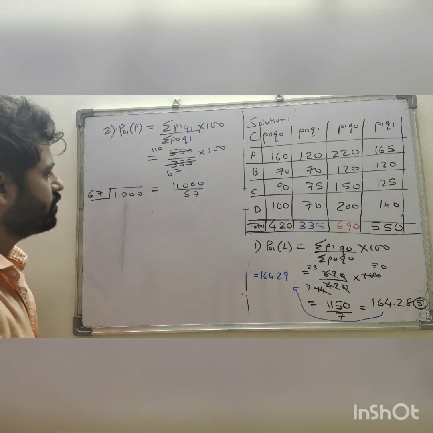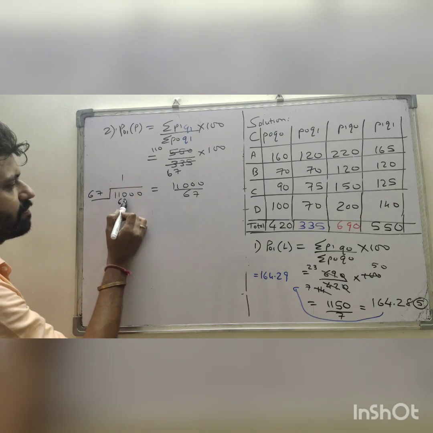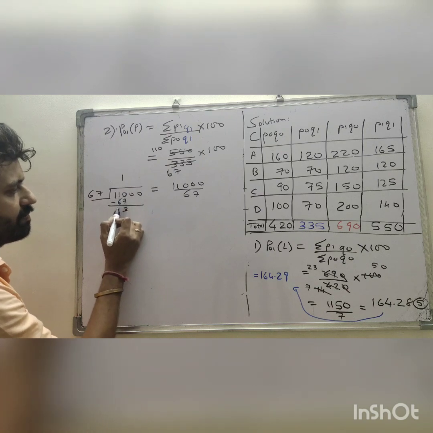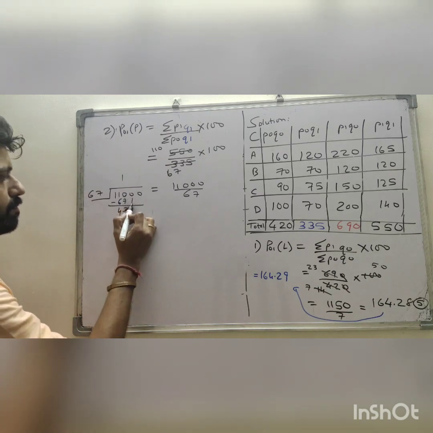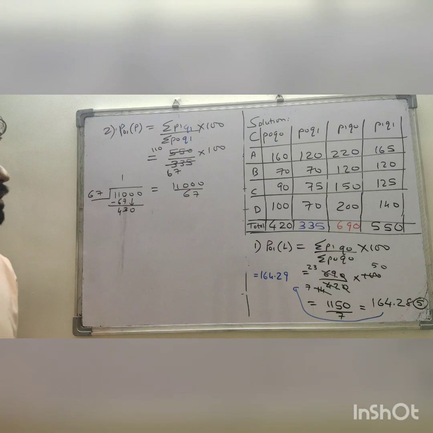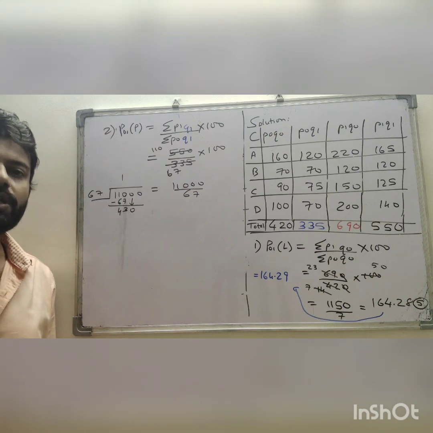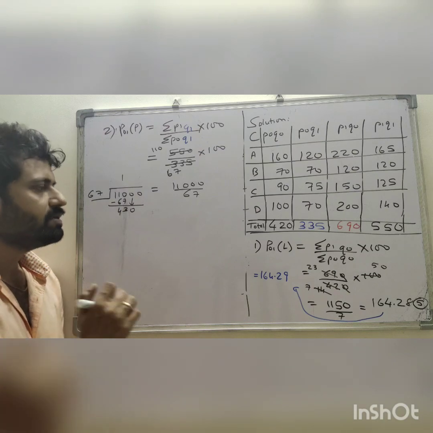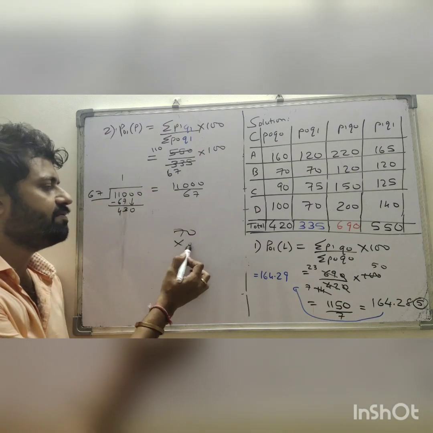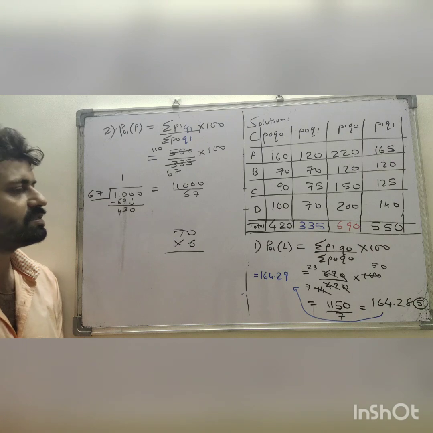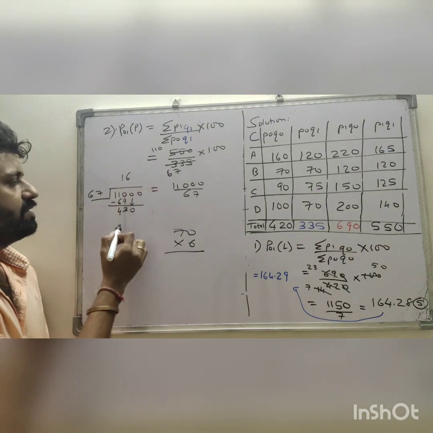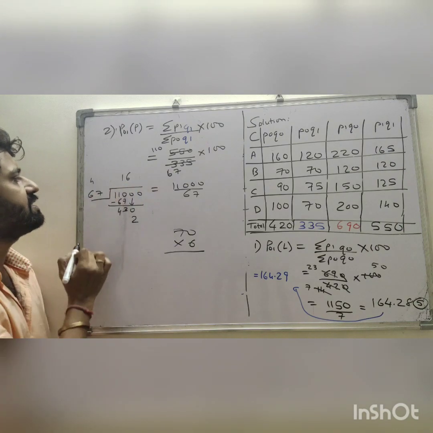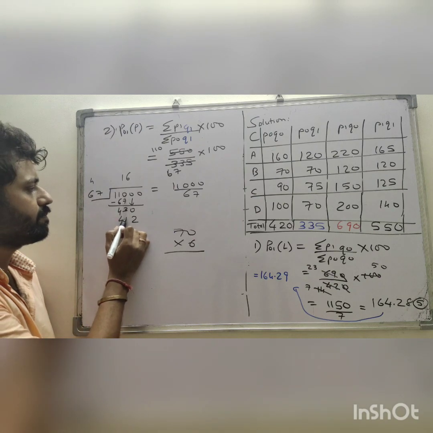The double of 67 will be too much, so 1 goes in 67, and we get 43. Now it is 430. 67 is near to the number 70. 7 sixes are 42, so 420. 6 will go. 6 sevens are 42, 6 sixes are 36, 36 plus 4 is 40.